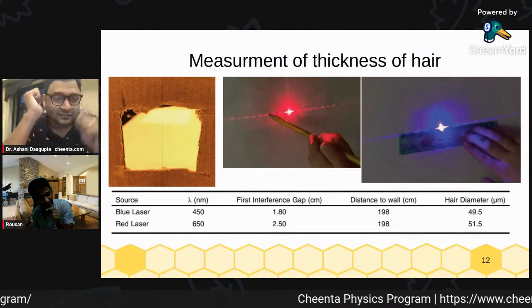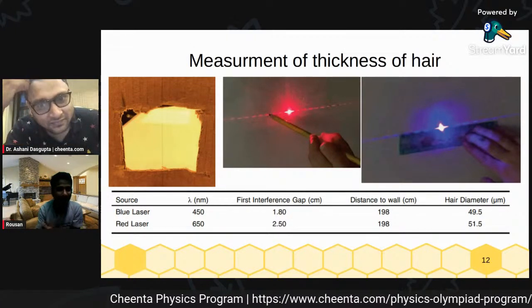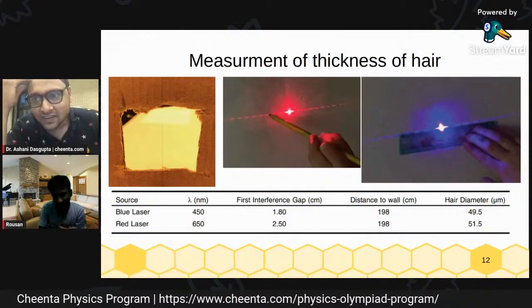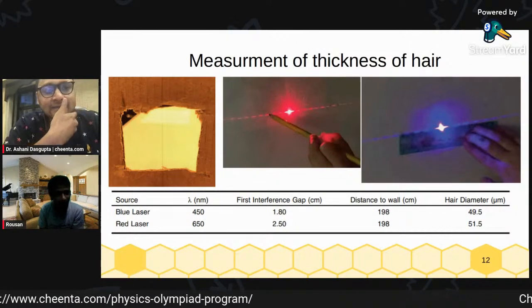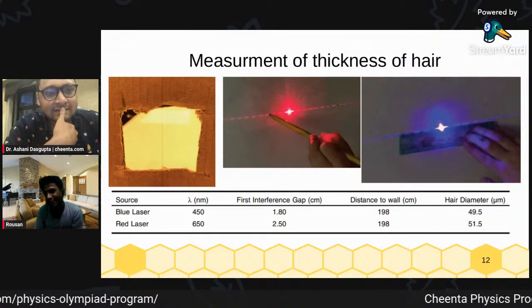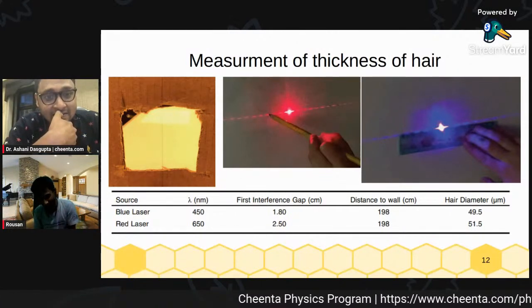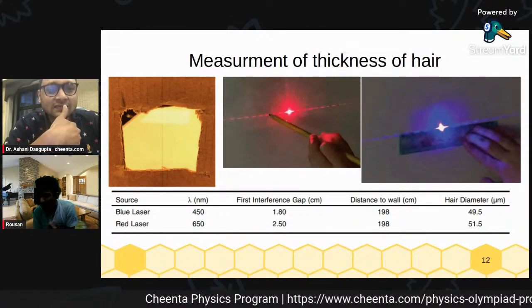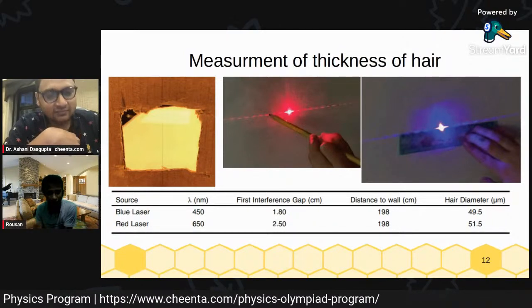Maybe you can do these experiments, write some blogs and share with us. Using this diffraction, you can actually measure the thickness of hair. Something not related to this, we have established that light is a wave by interference, double slit interference, and Poisson spot.